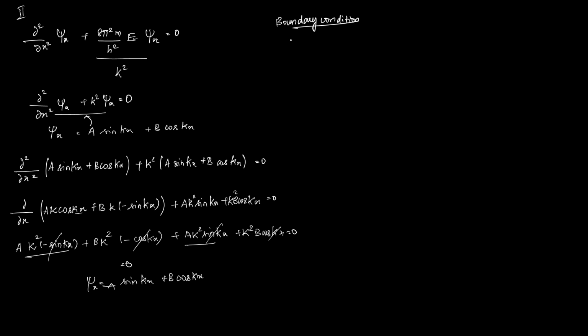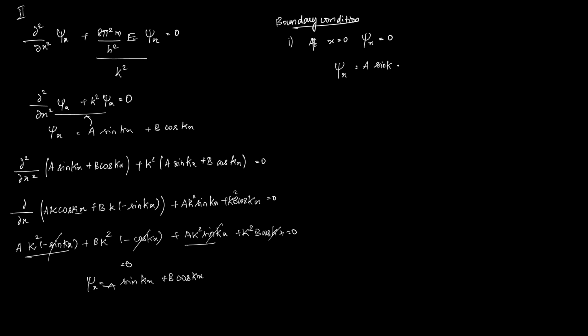Okay, so the first boundary condition: at x equal to 0, your psi of x is going to be equal to 0. Okay, so if x is equal to 0, your psi of x is going to be equal to 0, which means your psi of x is equal to a sin kx, correct?